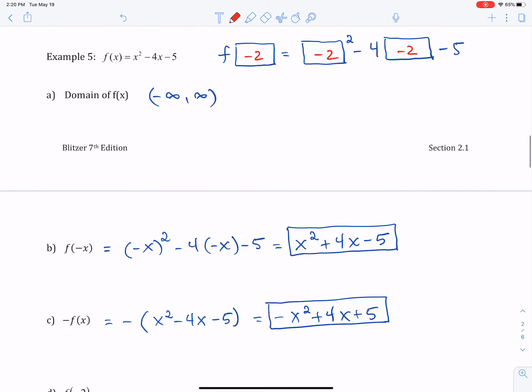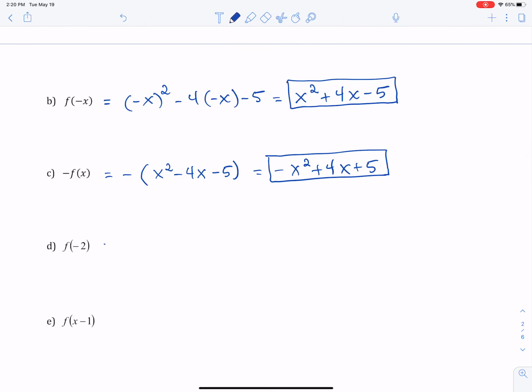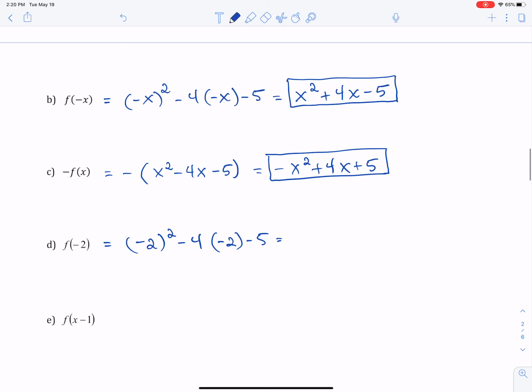So we end up having negative 2 squared, minus 4 multiplied by negative 2, and finally subtract the 5. The result: negative 2 squared is a positive 4, negative 4 times negative 2 is a positive 8, minus 5. Altogether this is 12, minus 5, 7.